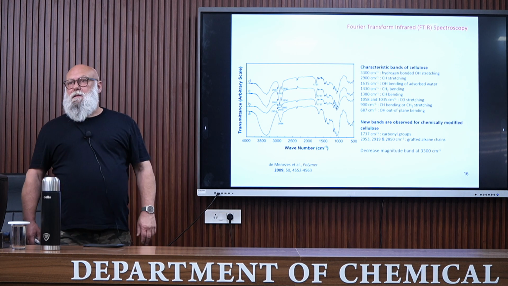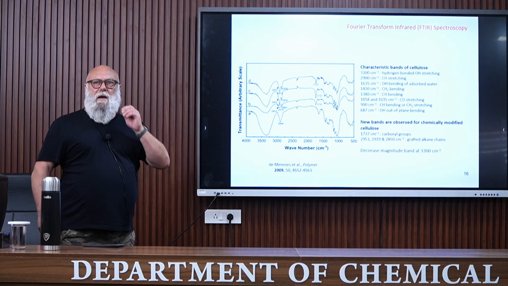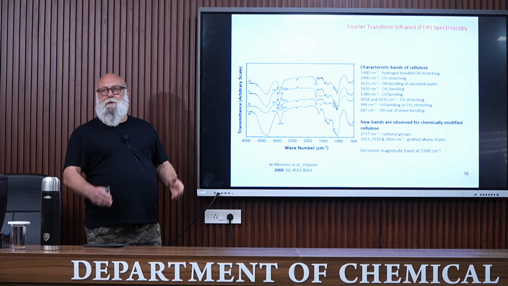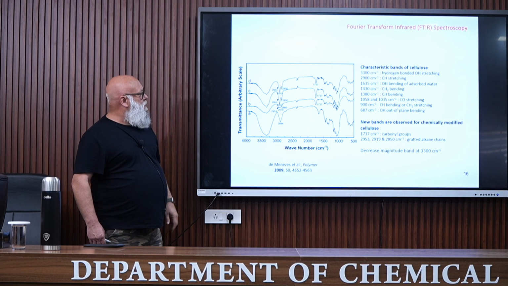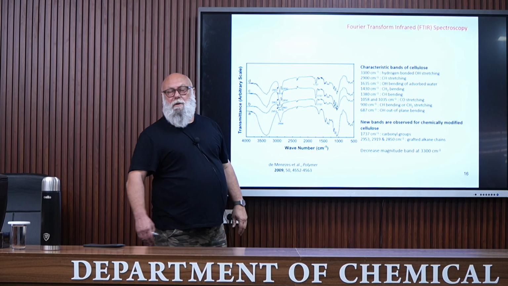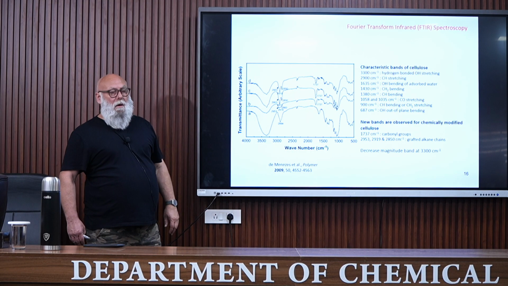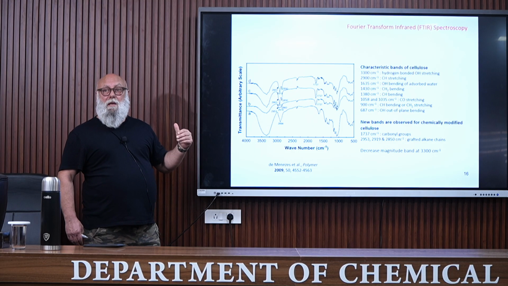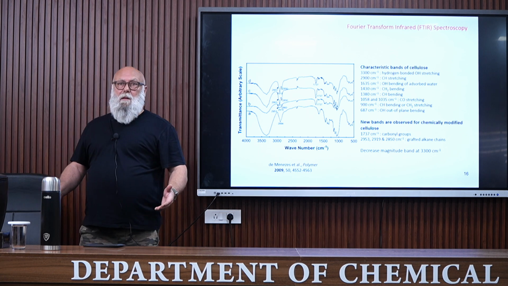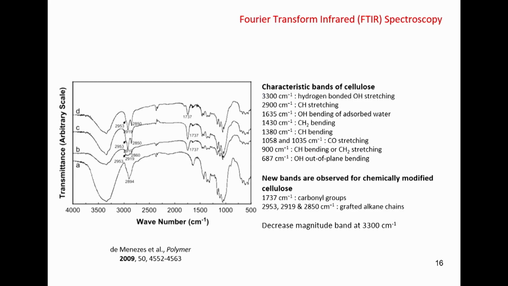With infrared, it's difficult to quantify the grafting, but at least we can have this information. Another thing is that you see this very broad peak, and you know that it is associated to hydrogen bond OH stretching. Of course, after chemical grafting, part of these hydroxyl groups are no more present because of the grafting, and so we observe a decrease in the magnitude of this band.